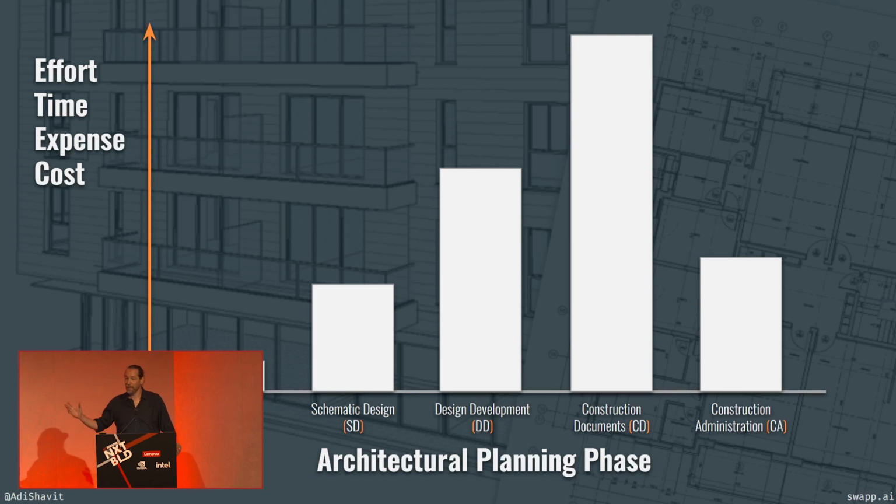I'm using the American phase names here, but I think they're mostly similar throughout the world. The first stage is usually called pre-design or pre-planning. Then you have the schematic design, the design development, construction documents, and the bidding and construction administration.